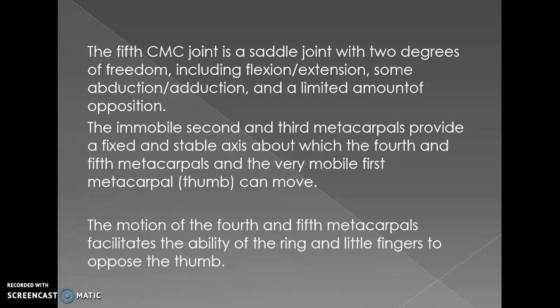If the thumb is lost, with all the other four fingers we can do only the work equal to the other four fingers. That's why the thumb is a very essential part of the hand, and the functional ability increases with the presence of the thumb. The motion of the fourth and fifth metacarpals facilitates the ability of the ring and little fingers to oppose the thumb.